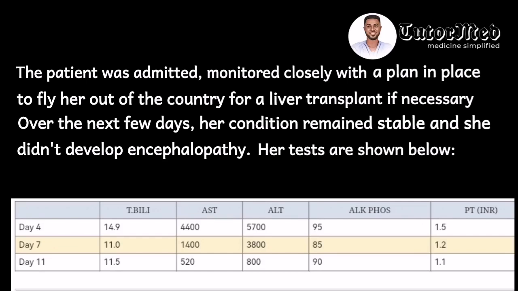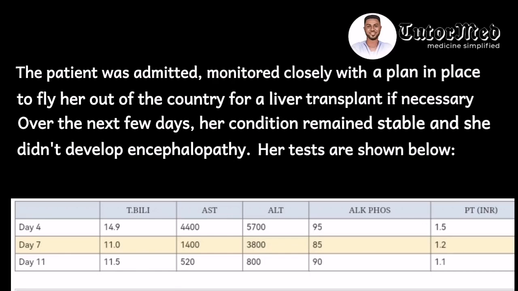So by day 4, the total bilirubin had reduced from 16.4 on day 3 to 14.9. The hepatocellular enzymes were steadily reducing, and the INR improved from 1.8 to 1.5.